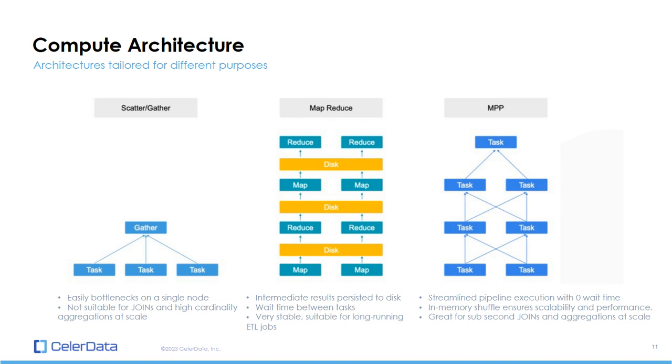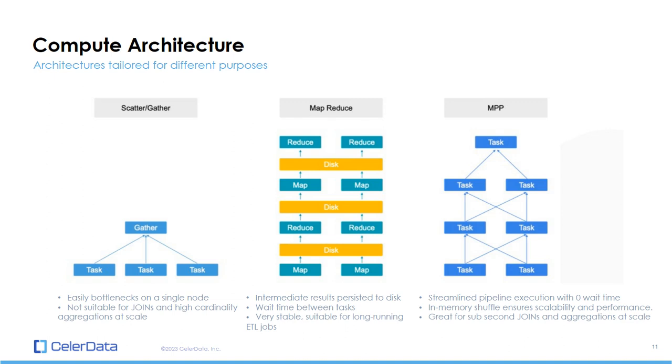And then we go into the pure in-memory MPP architecture, right? And this is actually the architecture StarRocks is on. It streamlines the query execution, so there is no wait time between different tasks, because nothing is persisted on disk, right? And it also supports in-memory data shuffling.